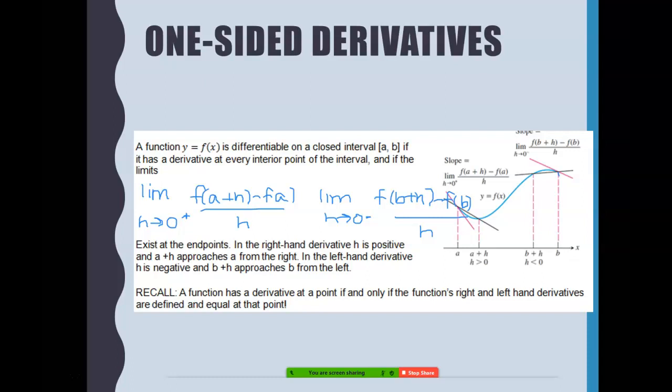So they exist at the endpoints in the right and left-hand derivatives. A function has a derivative at a point if and only if the function's right and left-hand derivatives are defined and equal at those points. And it will make sense once we start to look at some examples with graphs and piecewises.